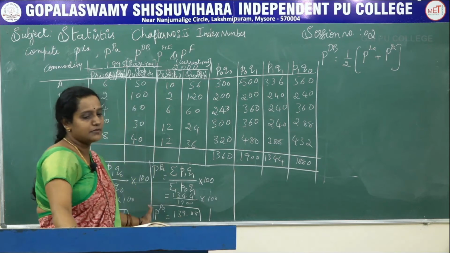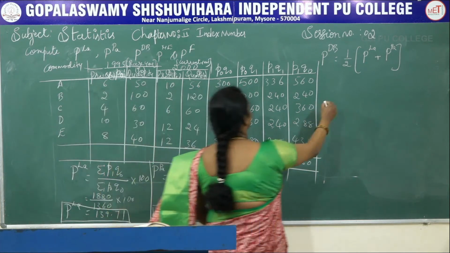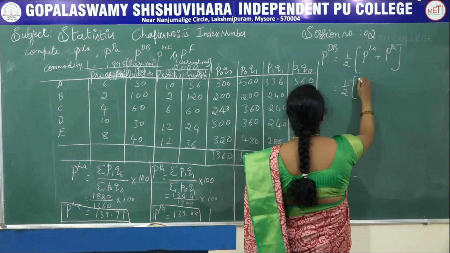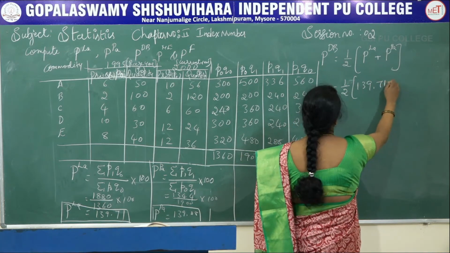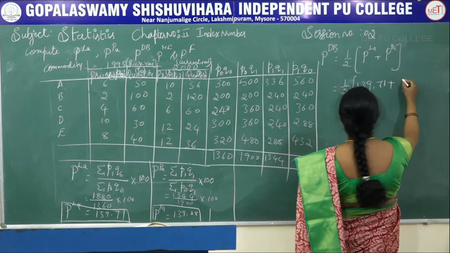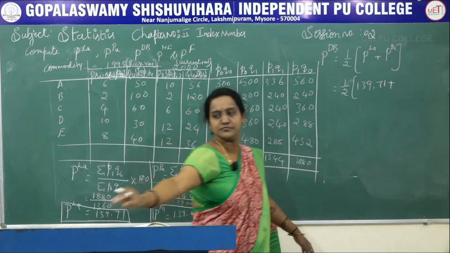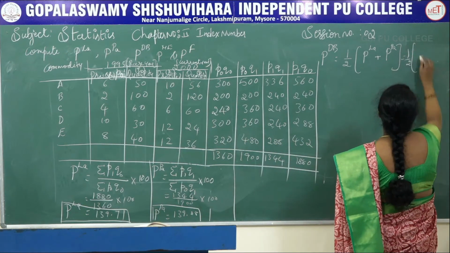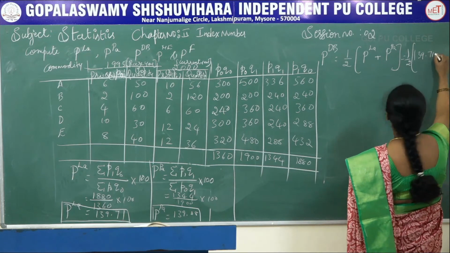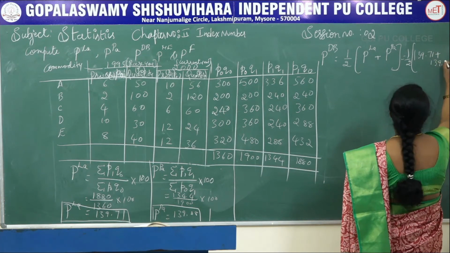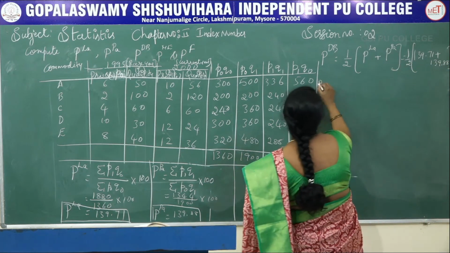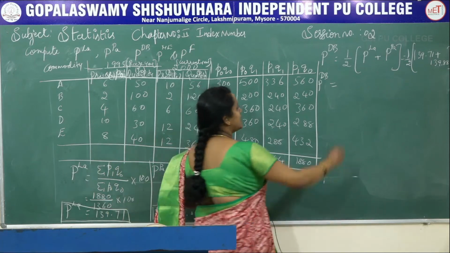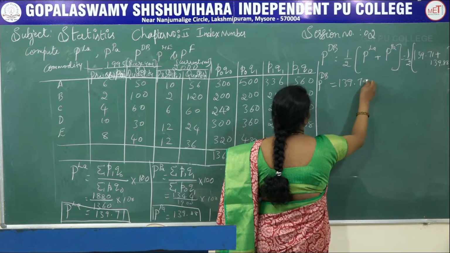Half of the values of these two, we can substitute as 1 by 2 into 139.71 plus 139.88, so that P of DB is equal to 139.79.